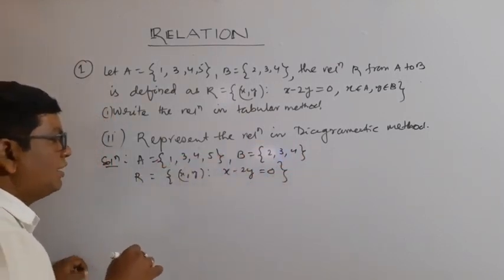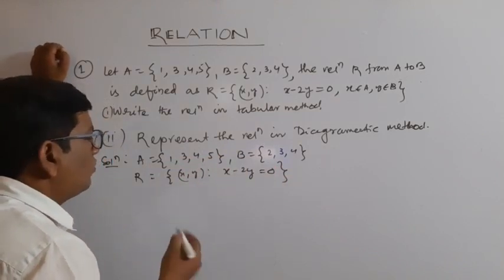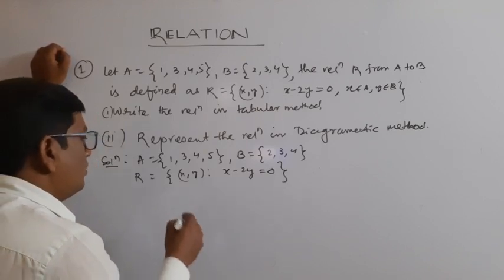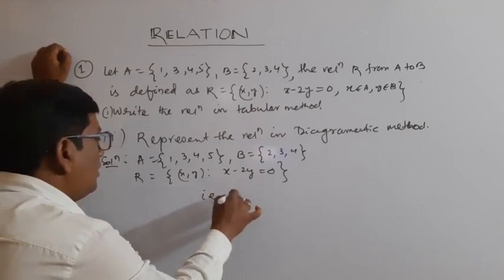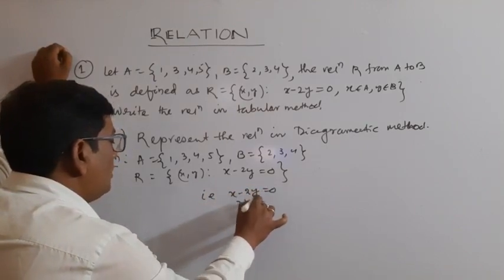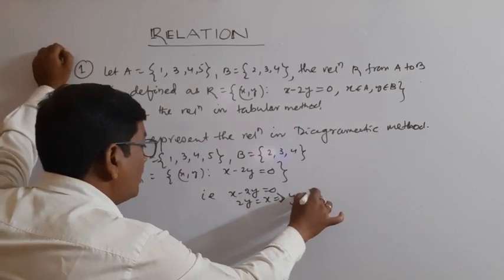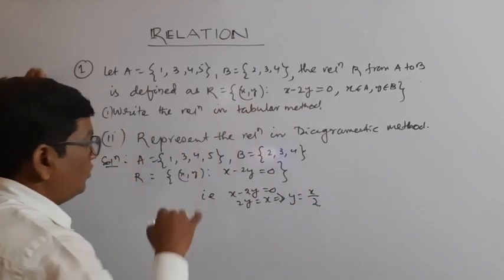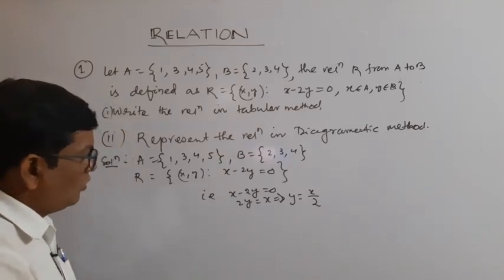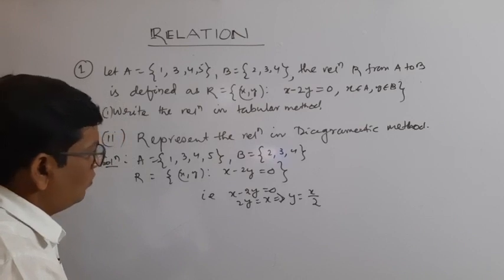Or we can write what? x minus 2y is equal to 0, that is 2y is equal to x, that implies y is equal to x by 2.